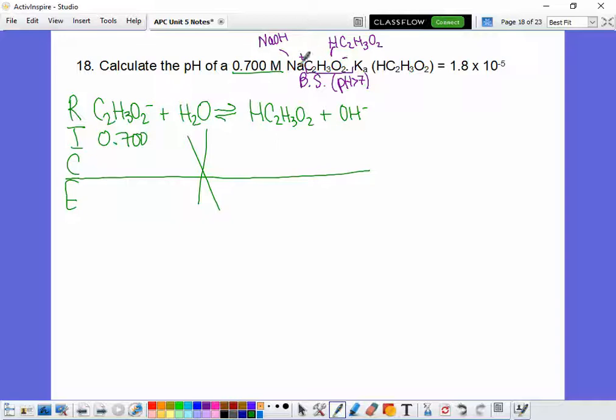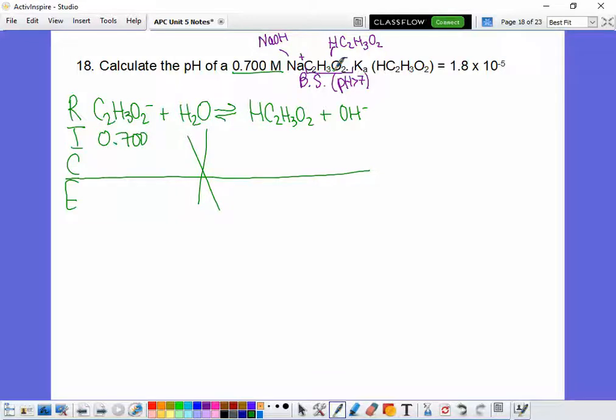A strong electrolyte, which means it's completely dissociating. We learned that back in Unit 2, that when you have an ionic compound and dissolve it in water, the concentration of the ions are related to the overall concentration of that entire compound. You just have to multiply by the coefficient in front of the ions. This is all 1-to-1, so the concentrations are all the same.